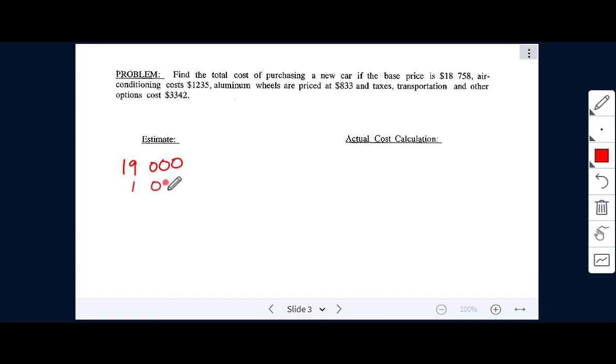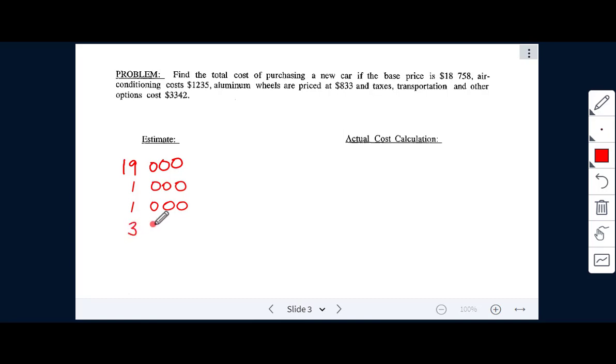Look how I am neatly putting everything, lining up my place values. The aluminum wheels are priced at $833, so let's round that to 1,000. And lastly, we have taxes, transportation, and other options cost of 3,342. We can just round that to 3,000.